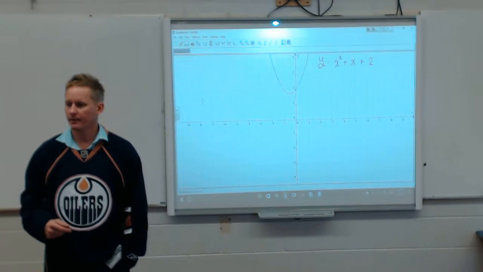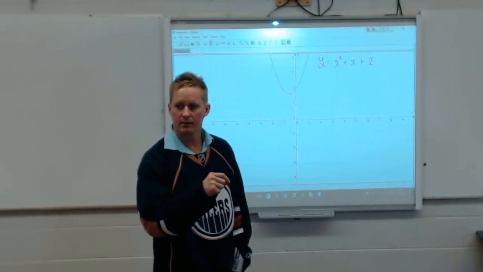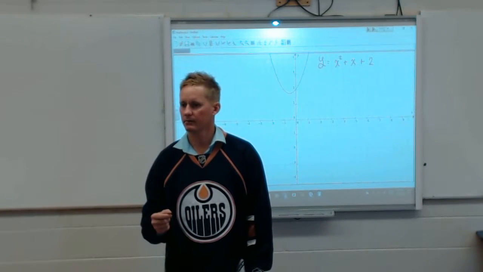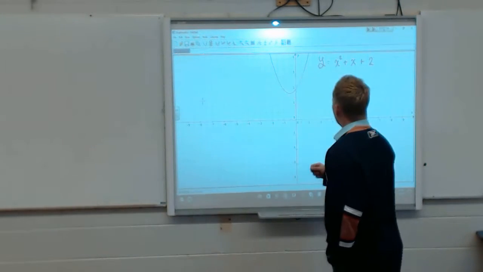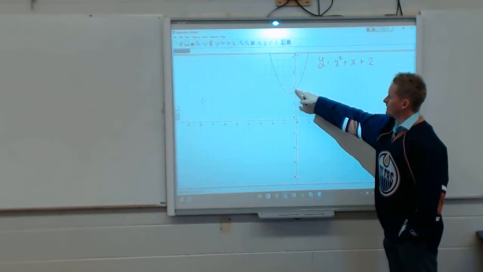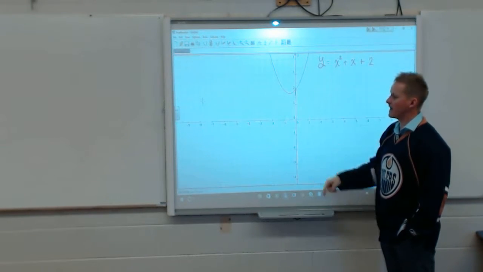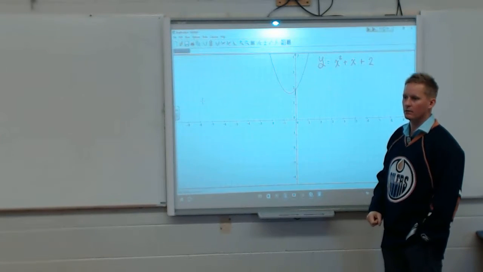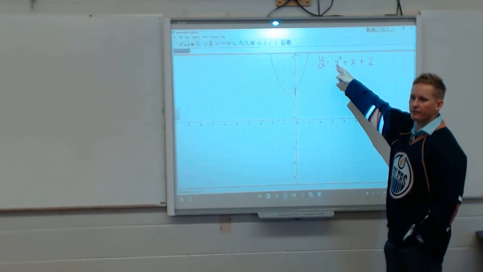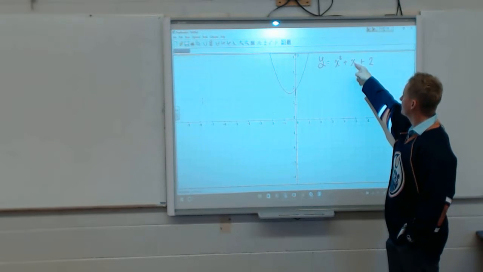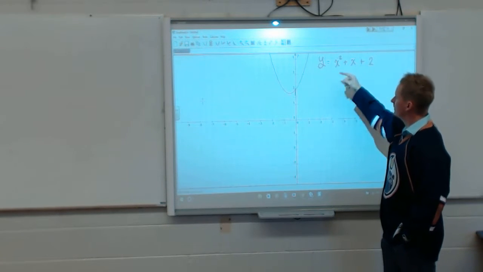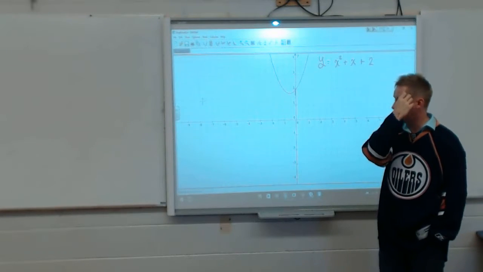At 2. What is the x value at the y-intercept? 0. Yes. If I put 0 in the equation for x, 0 squared plus 0, 0, 0 plus 2 gives me 2. So you see how that works?